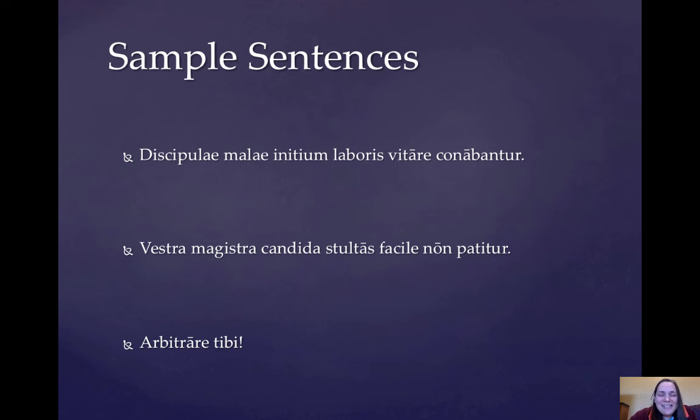And then this last sentence, I give you an example of the imperative. So arbitrāre tibi. This looks like a present active infinitive, which a deponent doesn't have. So think, tibi, for yourself.